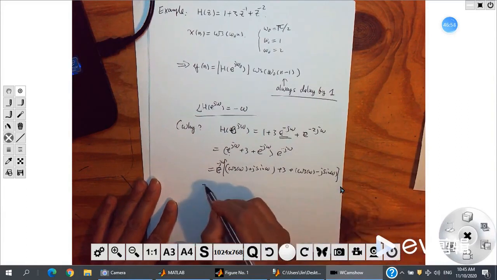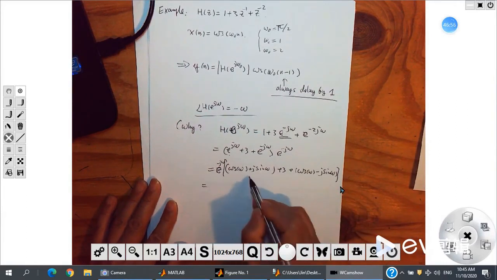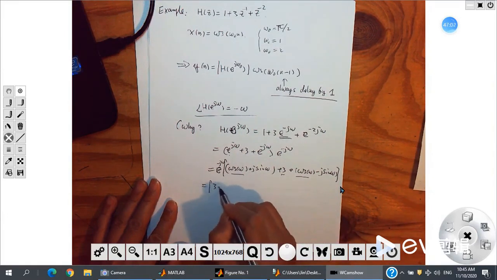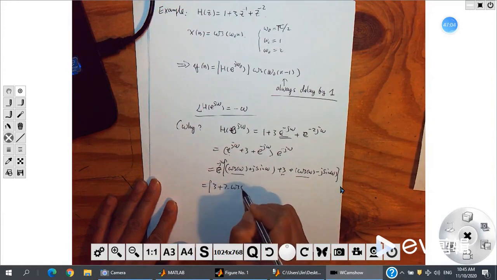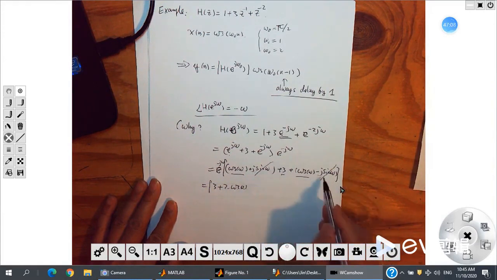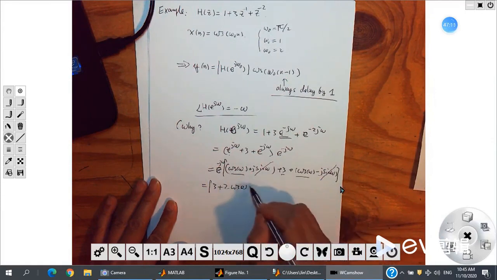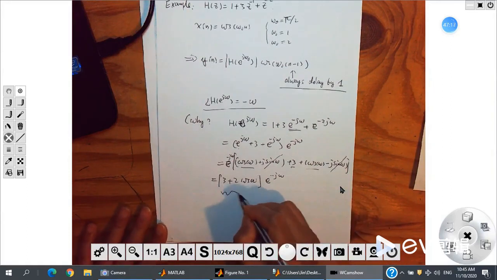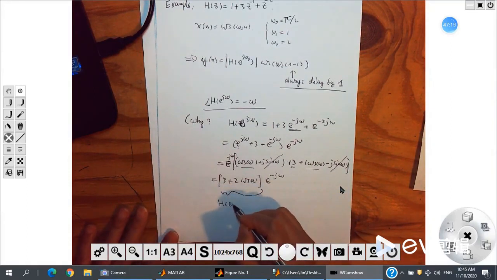Then, okay, here you see cosine plus 3. So here's 3 plus 2 cosine omega. And these 2 they cancel, right? Plus and minus cancel. So we have only these 3 terms times e to the negative j omega. Alright, so this part is H of e to the j omega, the magnitude.